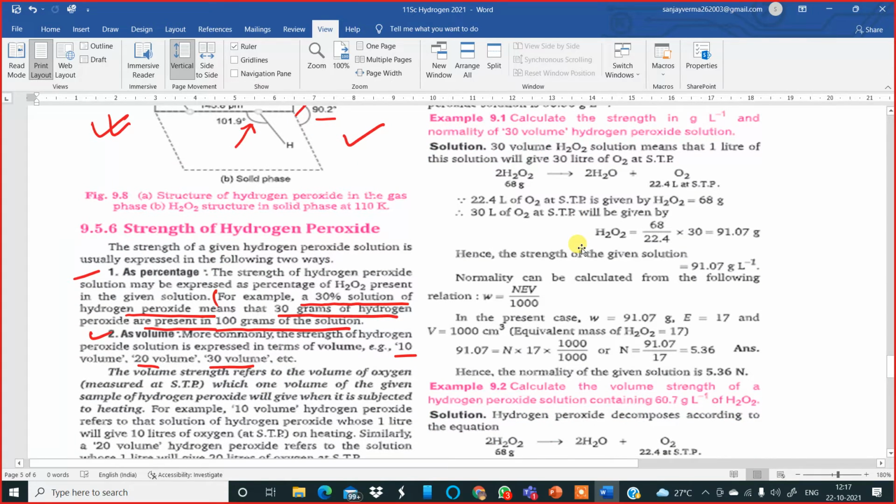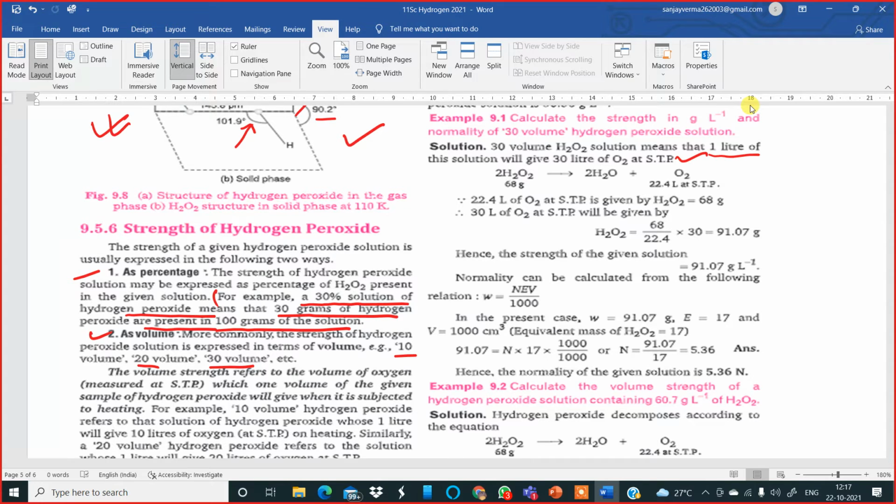If you look at example 9.1, it says calculate the strength in grams per liter and normality of 30 volume hydrogen peroxide. What does 30 volume mean? 30 volume means if I take 1 liter of hydrogen peroxide solution, it will give me 30 liters of oxygen at STP. So this is what you have to remember.